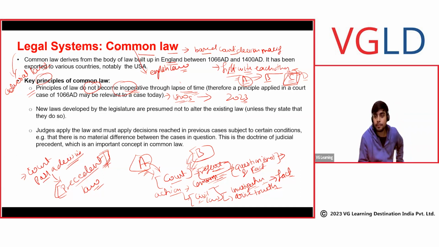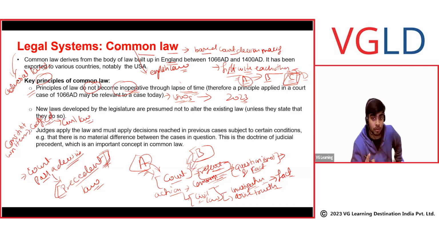A good example would be India, where we have a somewhat hybrid system. We have a constitution which is written, and written means codified. If a law has been codified, then this is a civil law. But the judiciary plays an important role.